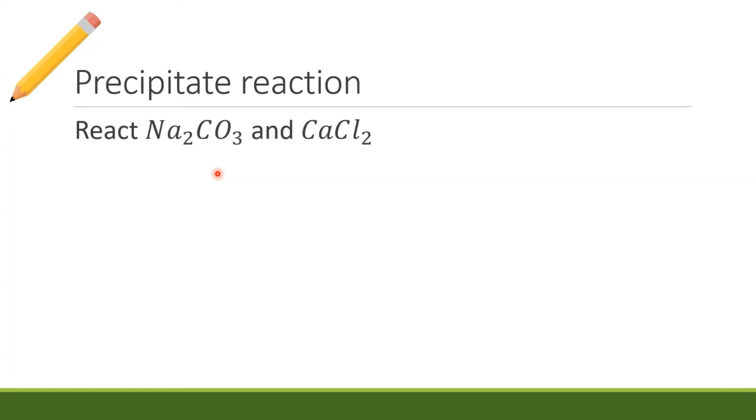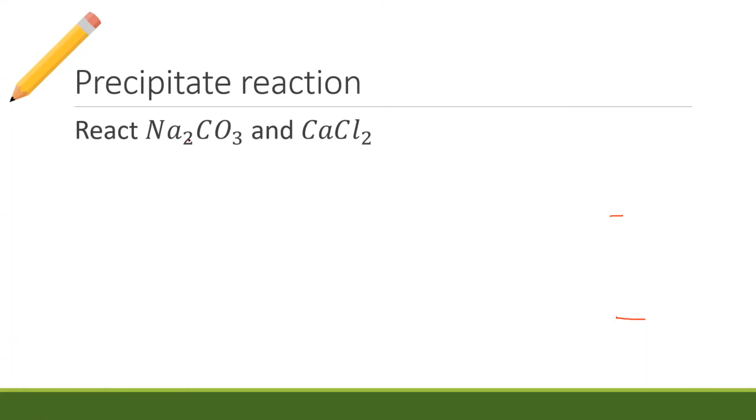For a question like this, to work out whether or not there's going to be a precipitate, you write down the possible products. I would like you to write this down.